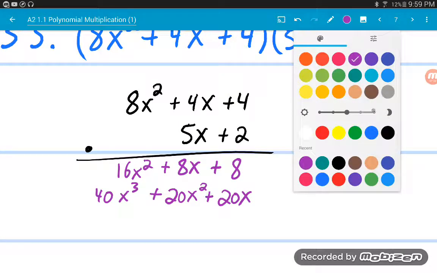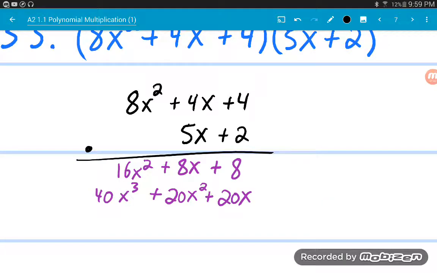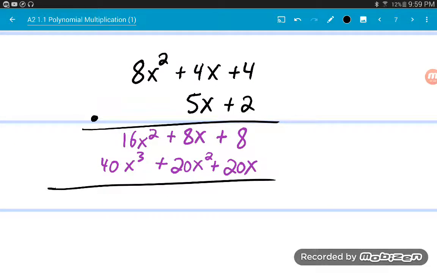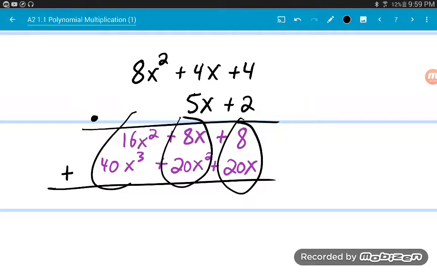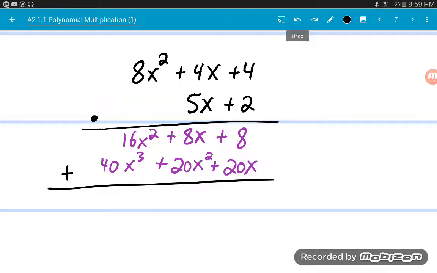Now that we've done all that, we get to go to the fun part, which is combining like terms. We want to add these up. After you're done multiplying, you add them up. And when we add these, you'll notice that the like terms don't line up. That's fine. You should be looking for like terms based on the powers, not where they are, because those patterns are unreliable. What's the biggest power?